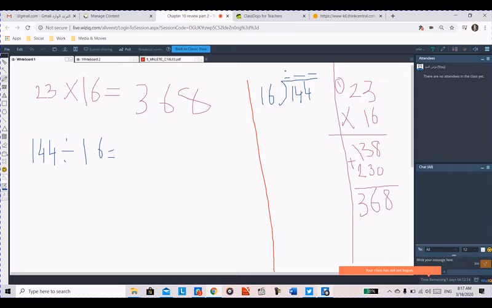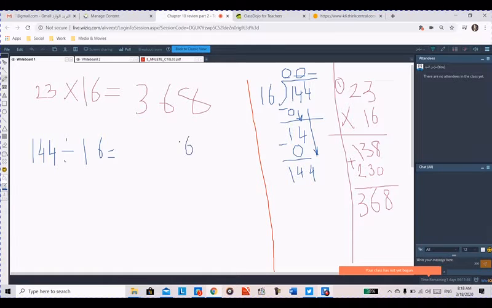1 divided by 16 can't be, so put 0 up, 0 down, minus will be 1, and bring down 4. 14 divided by 16 can't be also, so put 0 again, up and down, minus 14 minus 0 equals 14, bring down 4. Then 144 divided by 16. Let's try the multiplication table of 16.